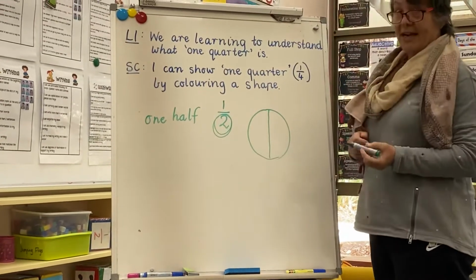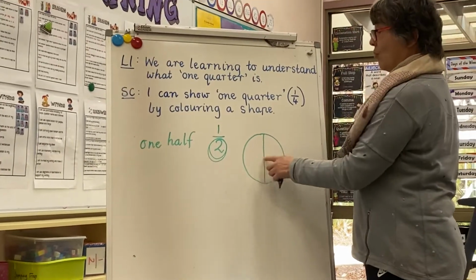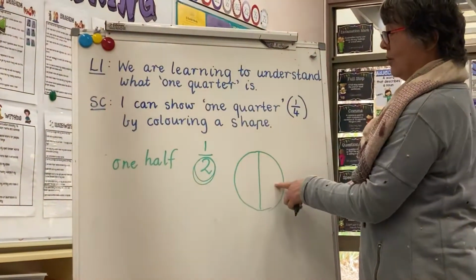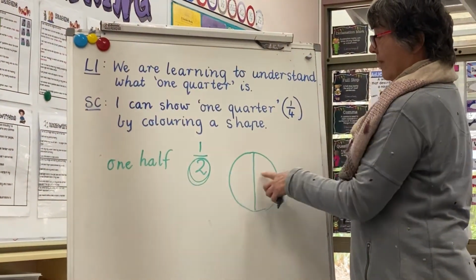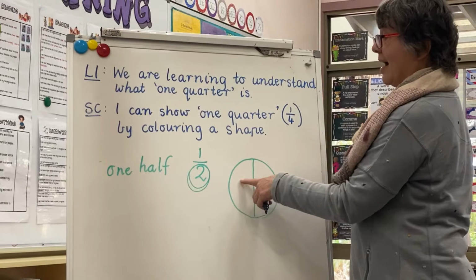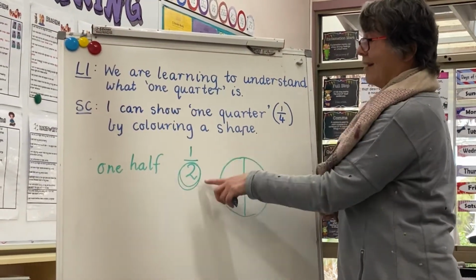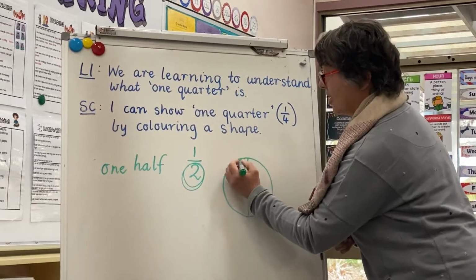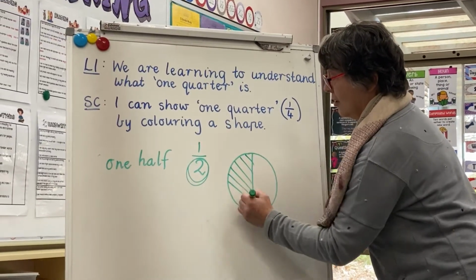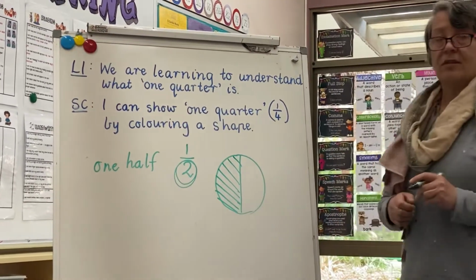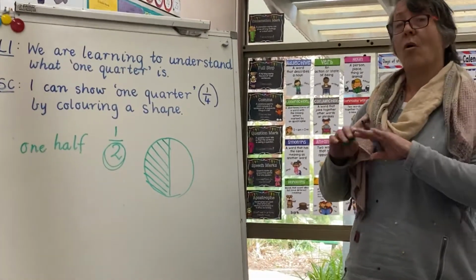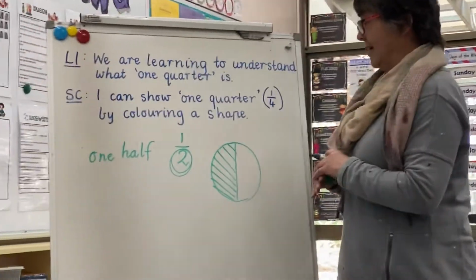The denominator tells us how many equal parts we divide the shape into. So it's 2, so we've divided it into 2 equal parts. And then if I wanted to show 1/2, one out of the 2 parts, I could shade that in. So that's 1/2. So we've been doing a lot of work about what 1/2 of a whole shape is.